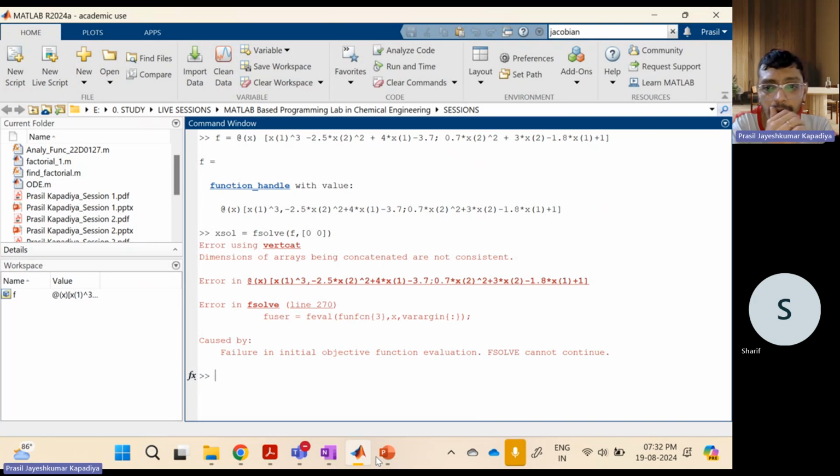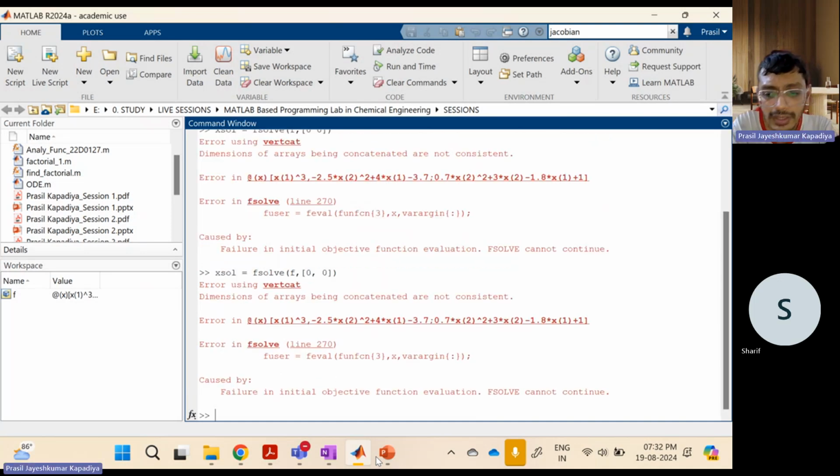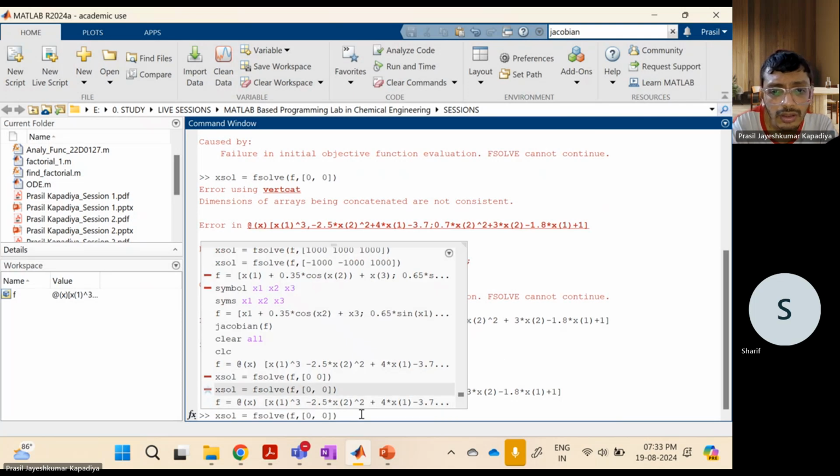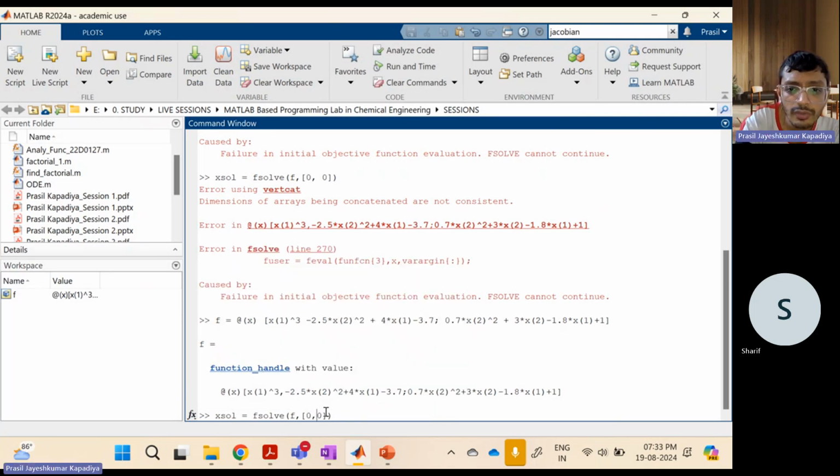It is showing me some error. Okay, there is some mistake. Wait a minute here. We have only two values of x1 and x2, correct?